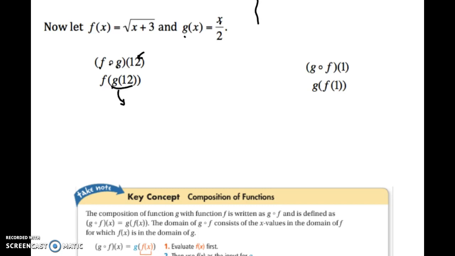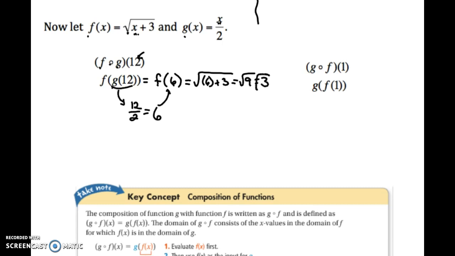Here's g, so it's going to be 12 over 2, which gives us 6. So now we're looking for f of 6. And f says up here to do the square root of 6 plus 3, which is the square root of 9, which is just 3.